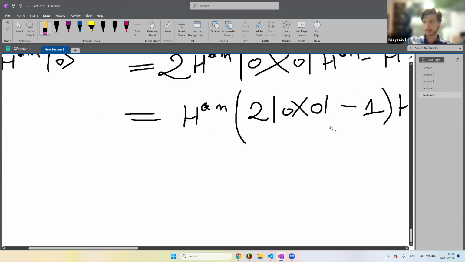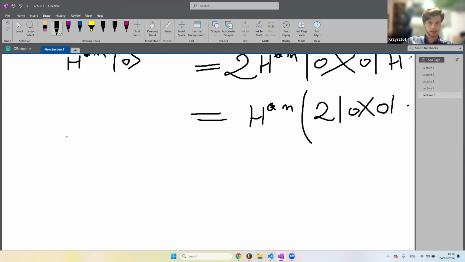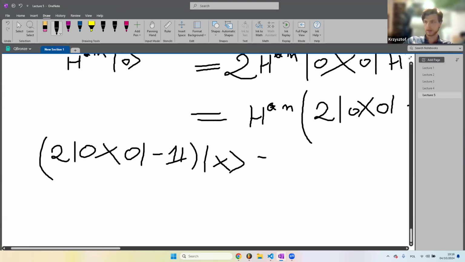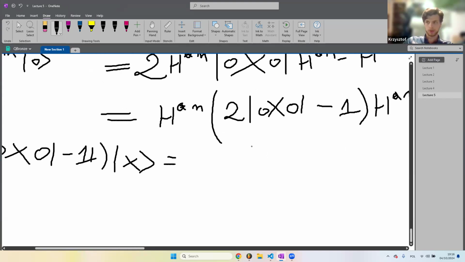So we'll apply this gate, this 2 0 0 minus 1, on any arbitrary state, for example, x. Therefore, we would get 2, 0, 0, x minus x.